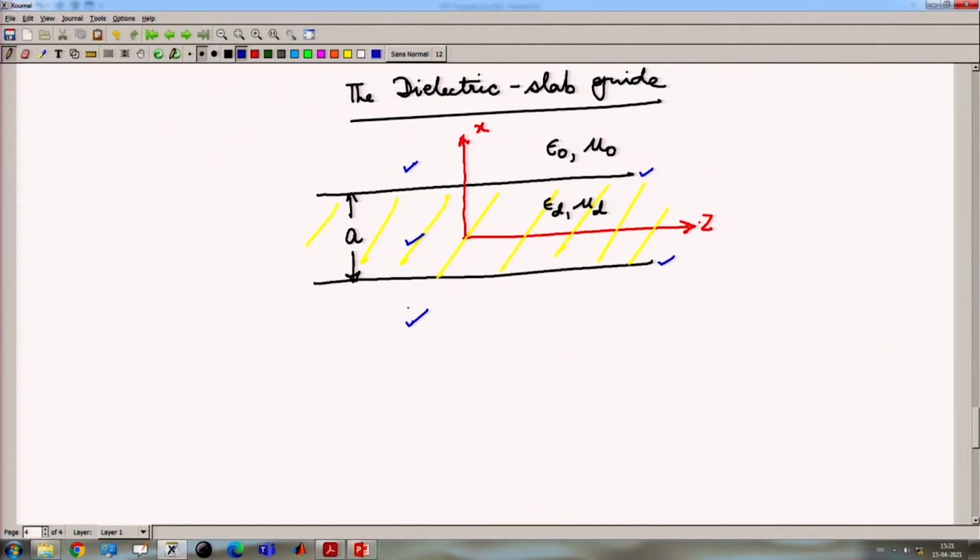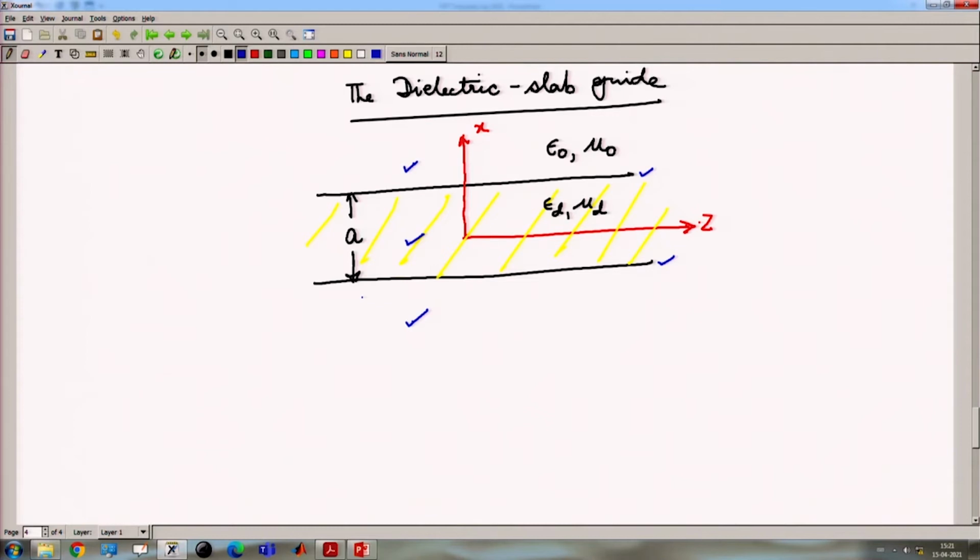So, we shall consider this problem to be a two dimensional problem, allowing no variation with the y coordinate. Therefore, along the y direction we will assume that there is no variation of electromagnetic field.